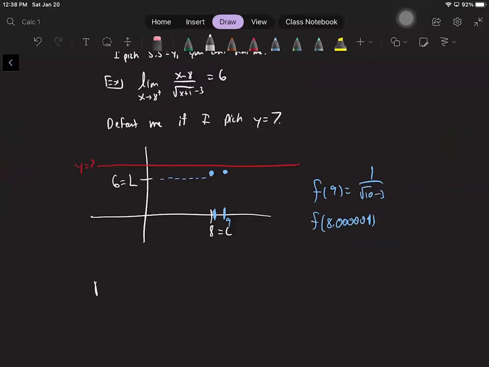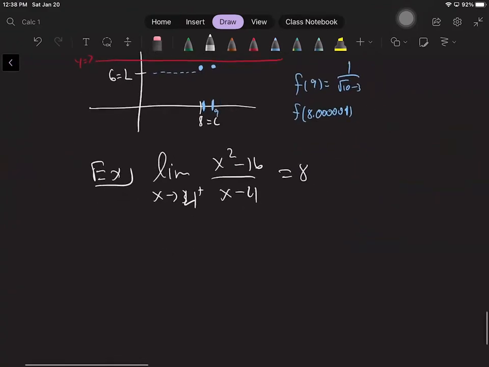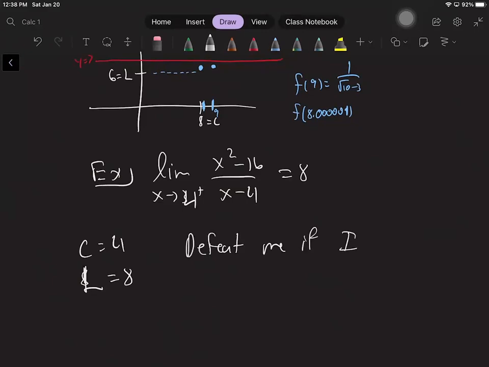Okay, another one. Limit as x goes to 4 of x squared minus 16 over x minus 4 is 8. Okay, so here c is 4, L is 8. Defeat me if I pick something like 9.